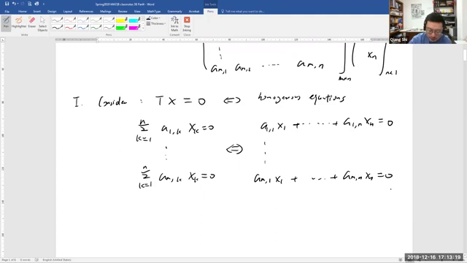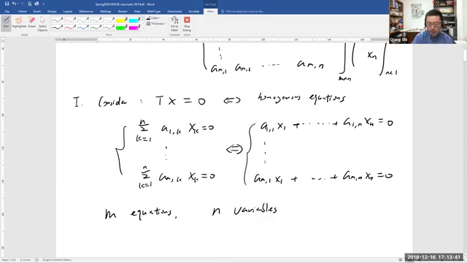So in this system, how many equations do we have here? From 1 to m, so there are m equations. And how many variables? When we say variables, how many different x values are here? Well, there are n variables.